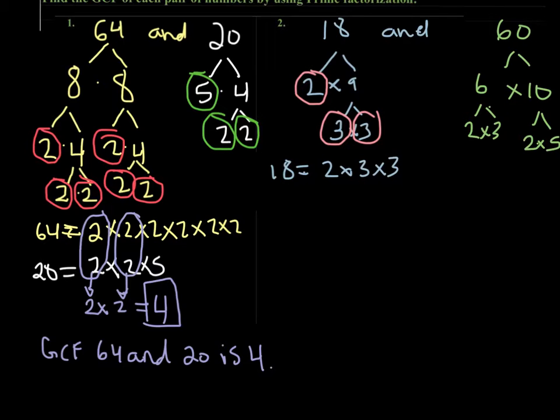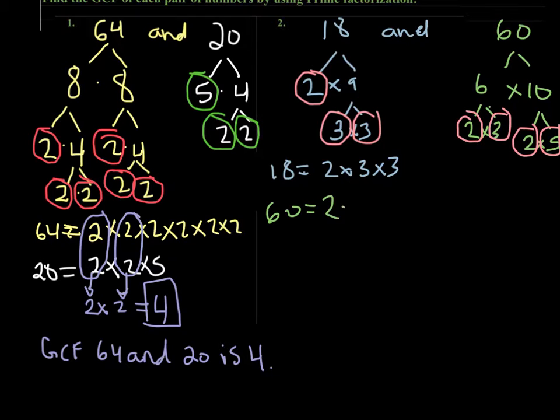Step number 3. Circle all your prime numbers. 2, 3, 2, and 5. So we know that 60, again, I am going to write this from smallest to biggest, so it's easier to see.